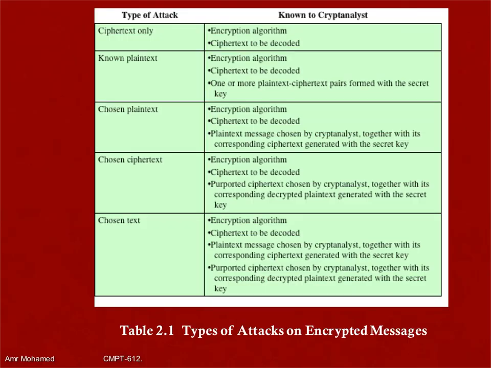There are types of attacks, and these types of attacks depend on the attack model. The security analyst or the designer of the security protocol can in fact make certain assumptions about the attacker. For example, I assume that the attacker knows only the ciphertext.